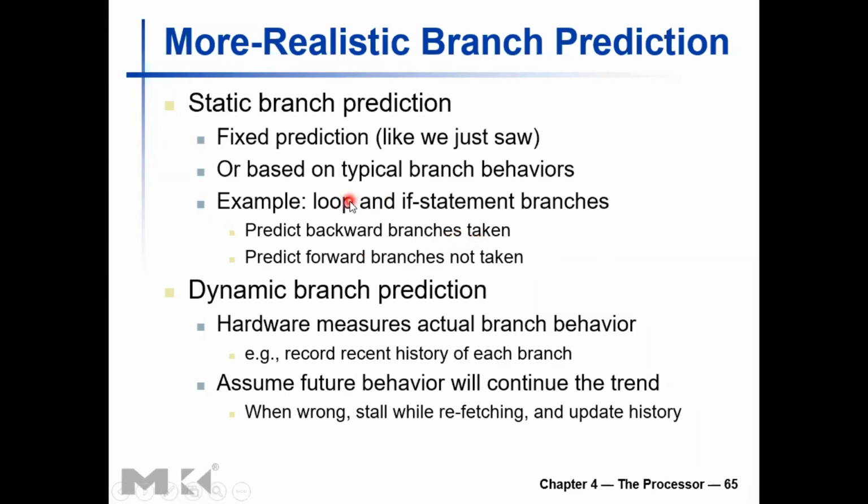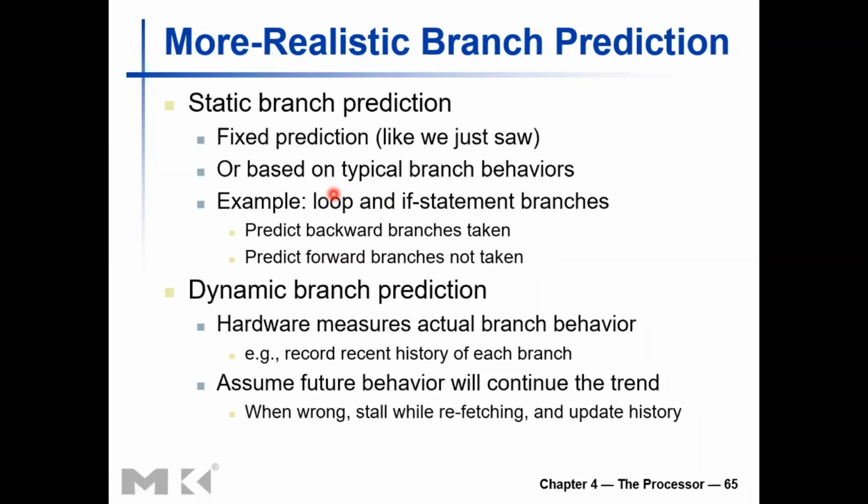So if there's a loop that runs, say 1,000 times, for 1,000 times that backward branch will be taken. At the end of the loop, you check a condition and then you go to the beginning of the loop. It's a backward branch, right? So that will be taken 1,000 times. So more often than not, the branch is actually taken.